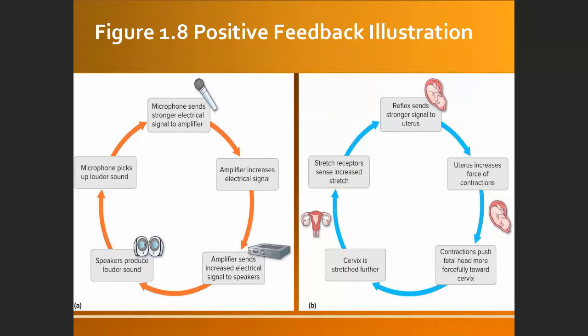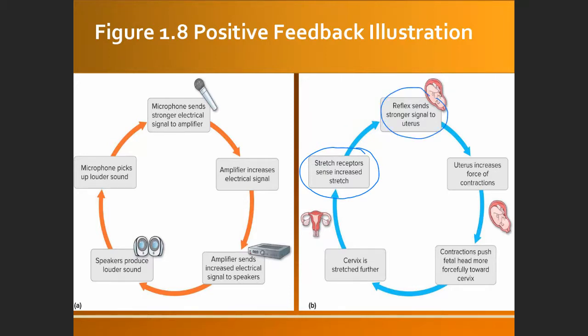Okay, so this diagram shows us the example of a positive feedback system. Start from here. The uterine wall muscle is stretching and contracting, and that stimulus is received by the receptor.